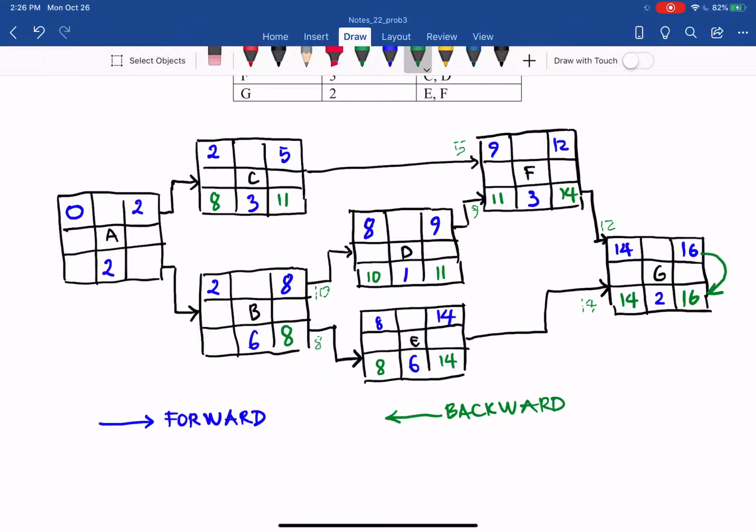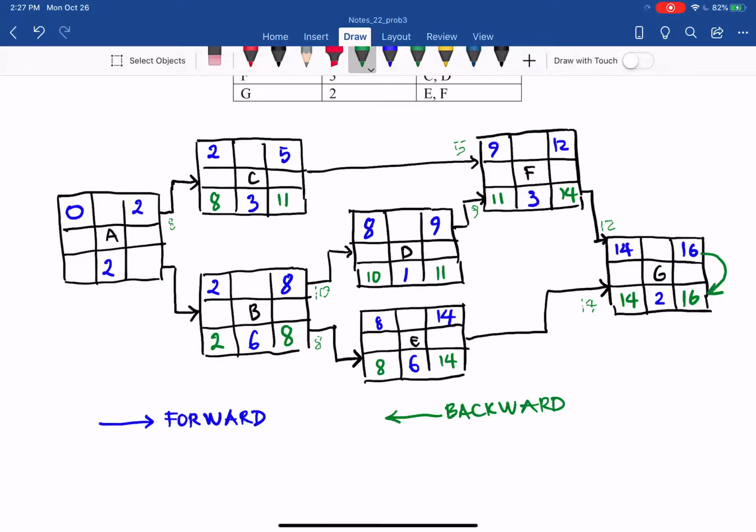So go to A. You have two routes, AC and AB. C back to A, you have 8 in here. For B, 8 minus 6, so you have 2.